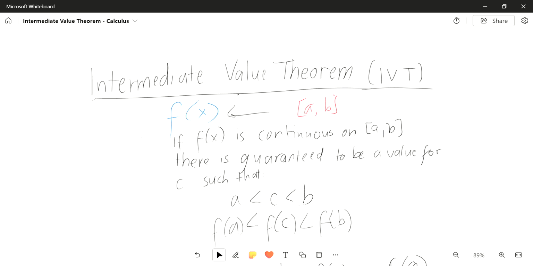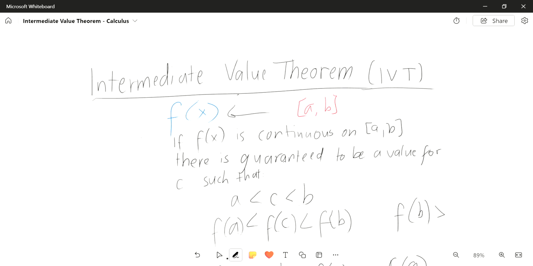So if f of x is continuous on this interval A to B, there is guaranteed to be a value for C such that C is in between A and B, and f of C is in between f of A and f of B. And this implies that f of B is greater than f of A, but in reality it works the other way around as well.